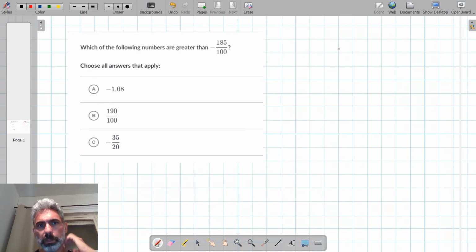Which of the following numbers are greater than minus 185 over 100?